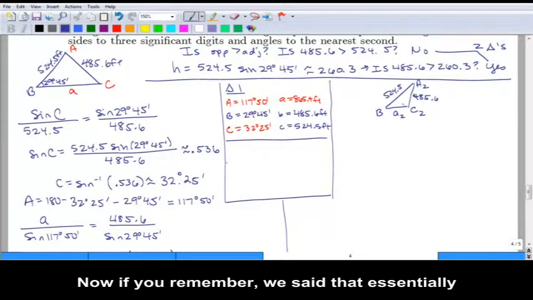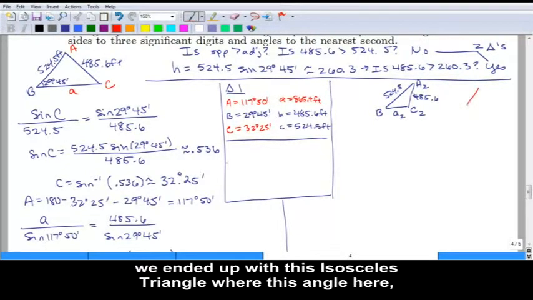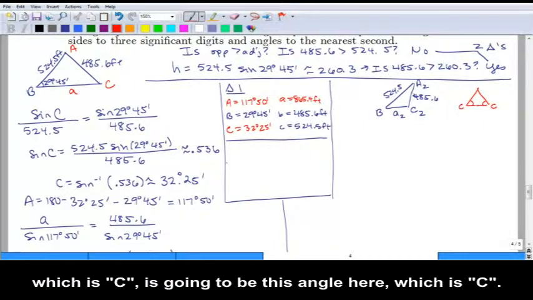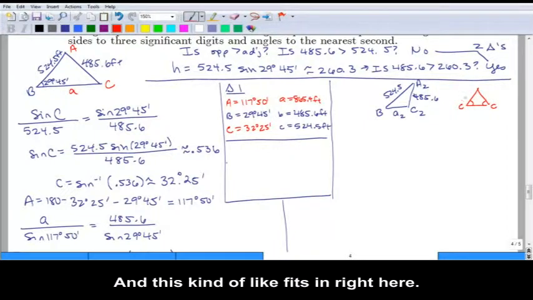Now, if you remember, we said that essentially we ended up with this isosceles triangle where this angle here, which is C, is going to be this angle here, which is C, and this kind of fits in right here.